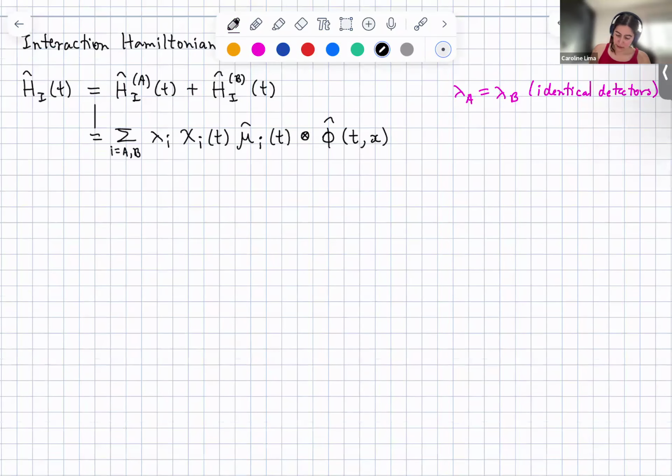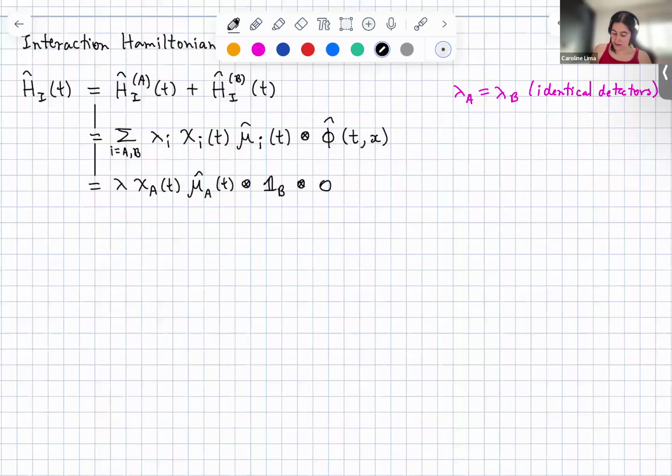Now, to help you understand more clearly, what I should write here is just rewrite the same equation, but make explicit what's happening in the other detector's Hilbert space. So I'm just going to write that I have some term that is for A. So this term that is the Hamiltonian for A, I can just tensor product here some identity on B. Okay, so nothing is happening.